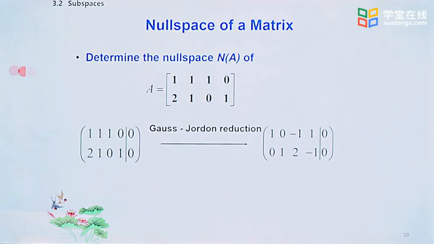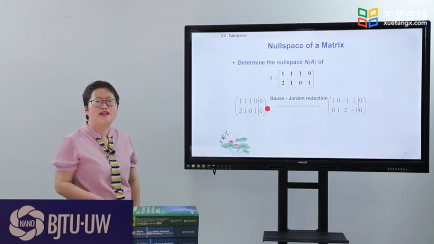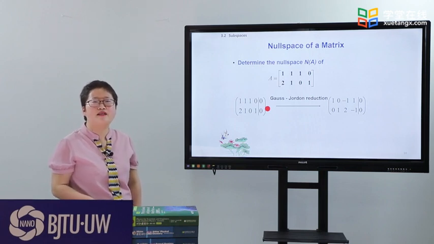Now, we are asked to determine the null space of A. You can write an augmented matrix here. The left part is matrix A, and the right side is the zero vector, because the null space just equals the solution set of the homogeneous linear system.